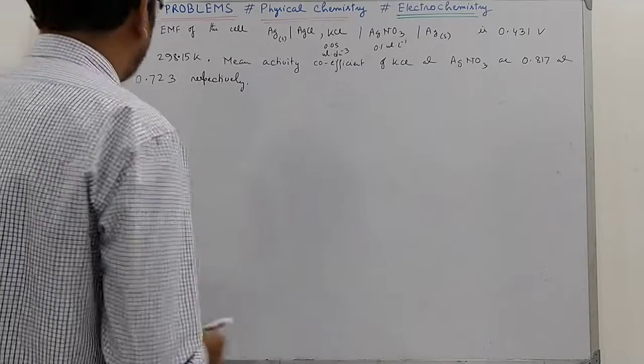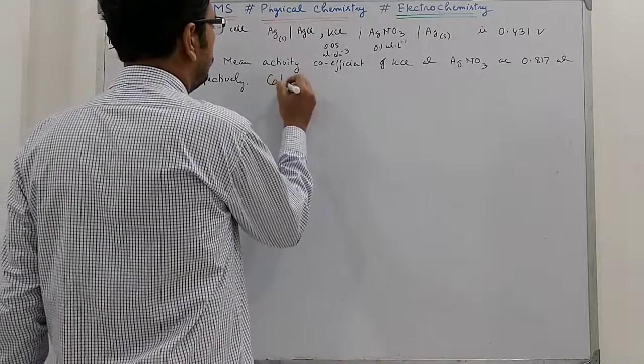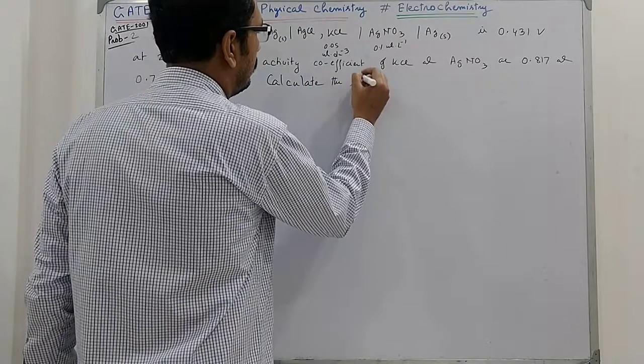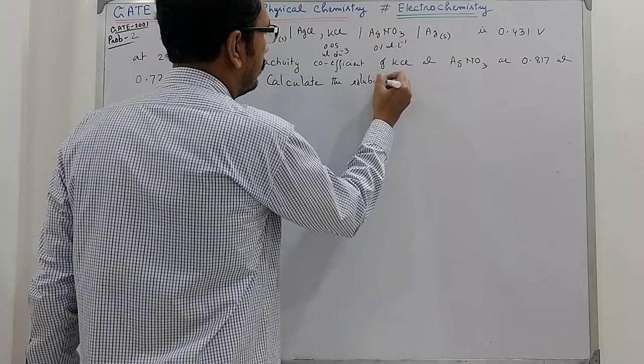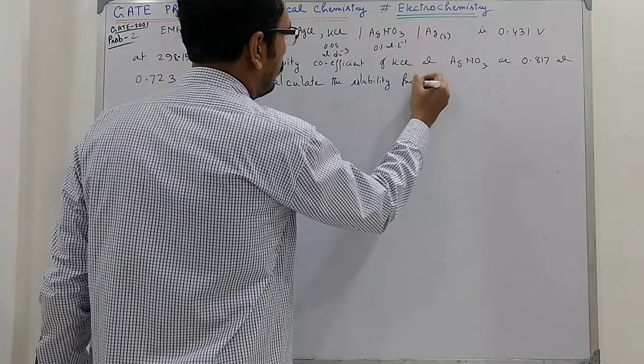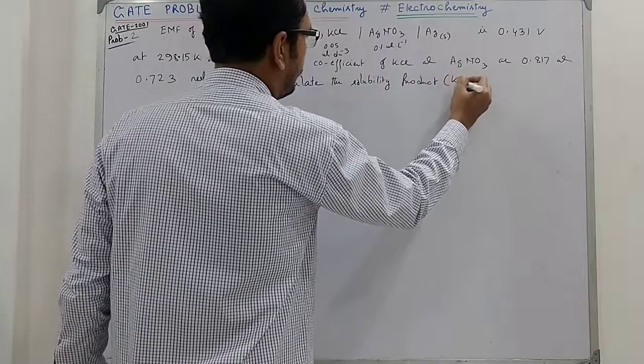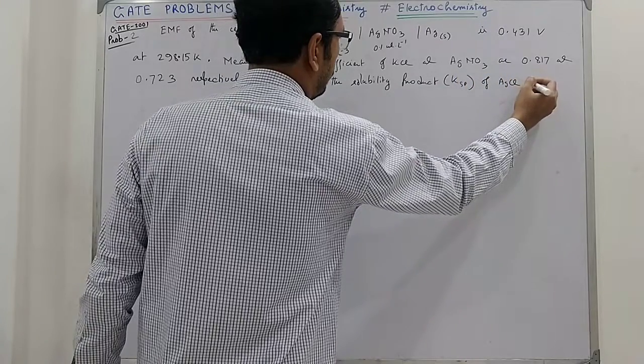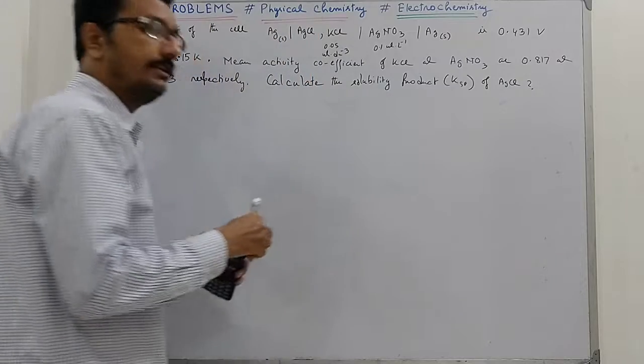Now we have to calculate the solubility product, that is Ksp, of AgCl. So this is the application based problem.